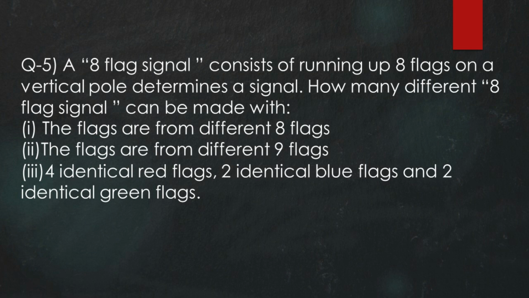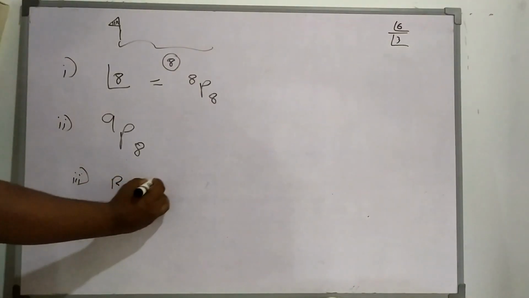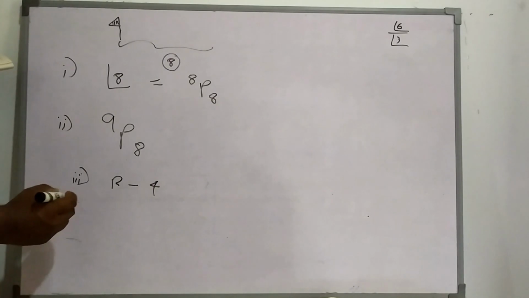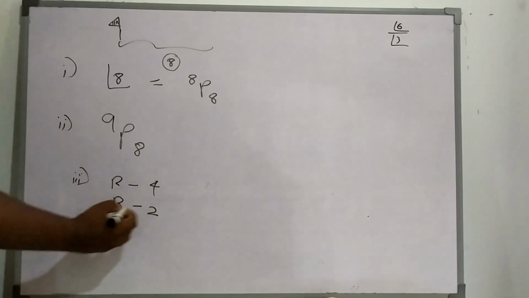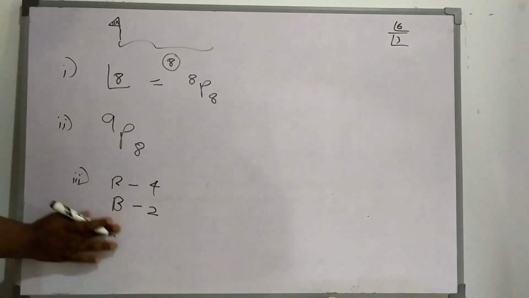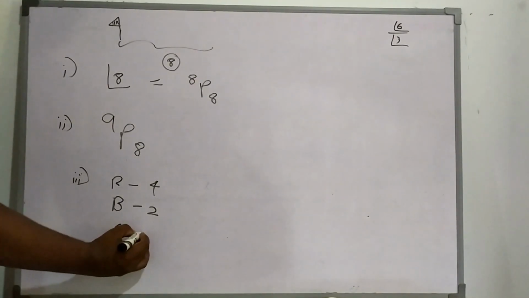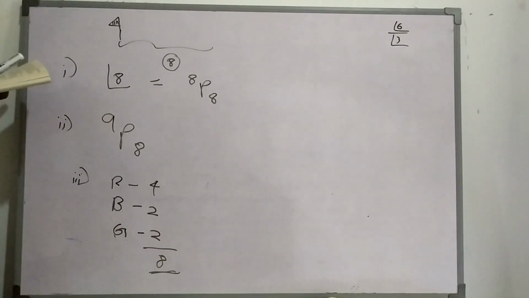So to summarize: 4 red, 2 blue, and 2 green. So the total number is 8.